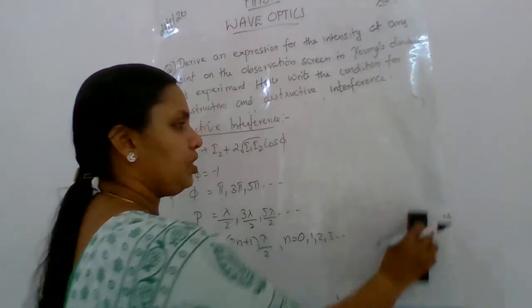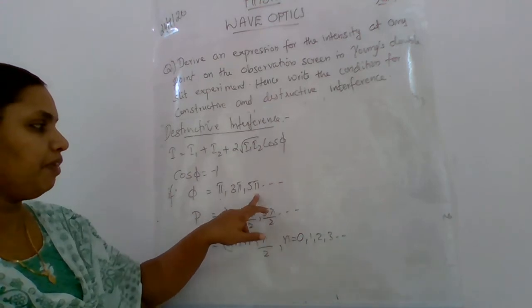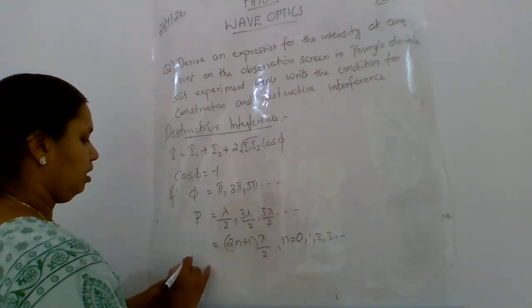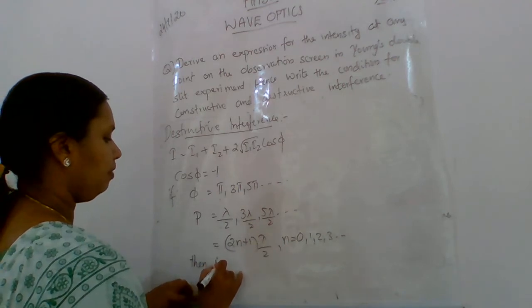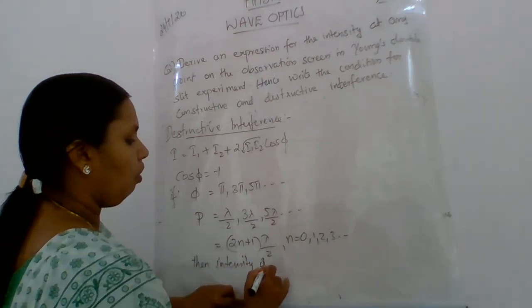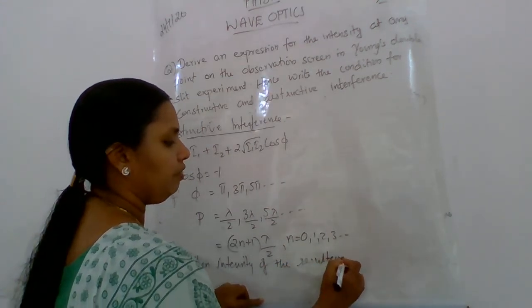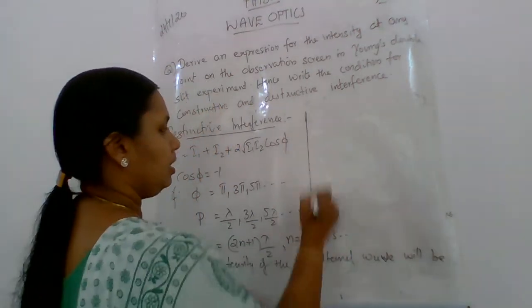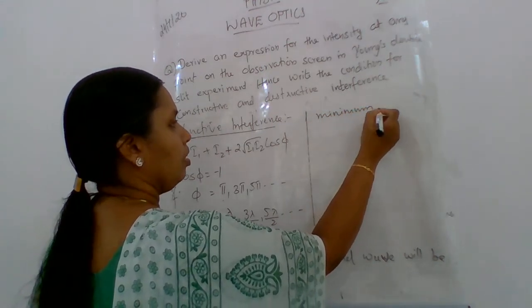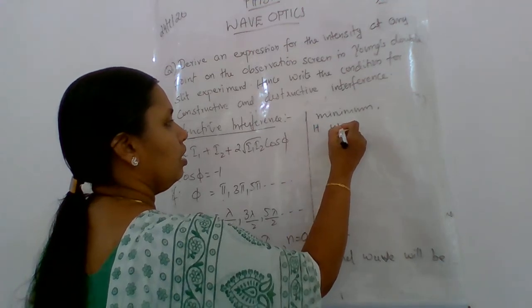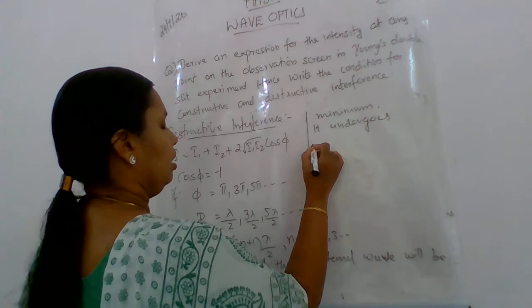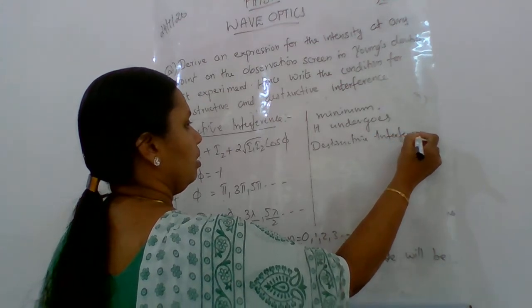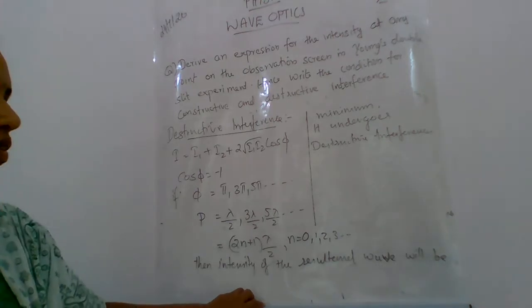Okay, so what is the condition for destructive interference? If the phase difference is pi, 3 pi, 5 pi, etc., or the path difference is equal to (2n plus 1) lambda by 2, then the resultant intensity of the resultant wave will be minimum, or it undergoes destructive superposition, that is, destructive interference.